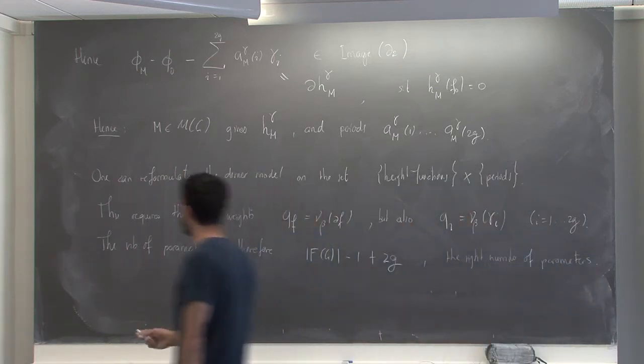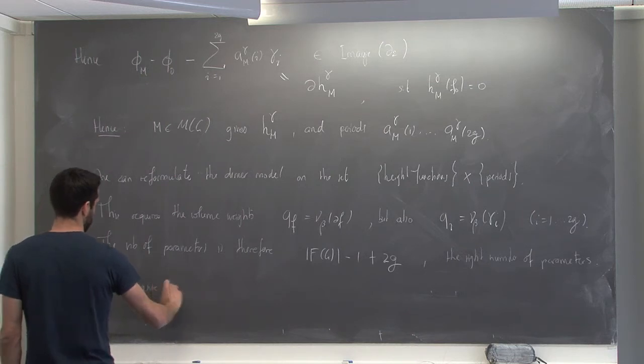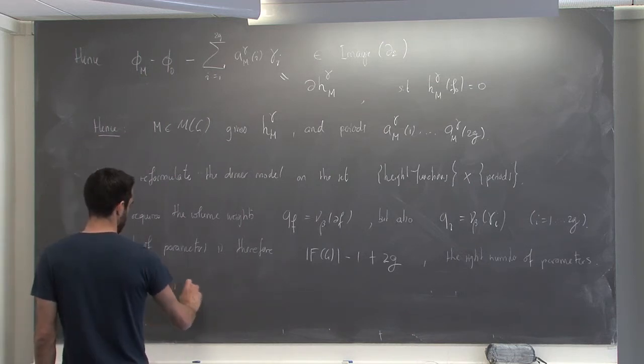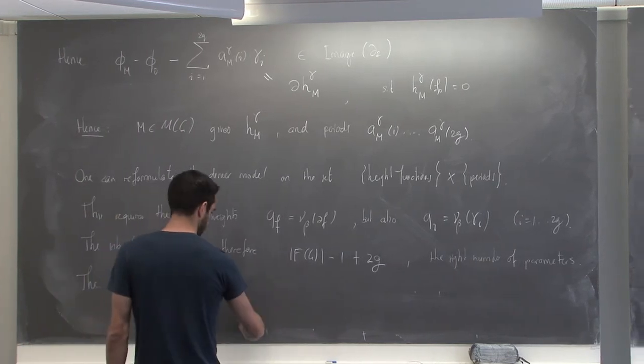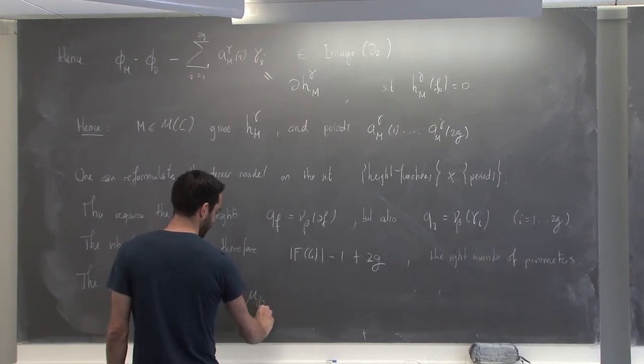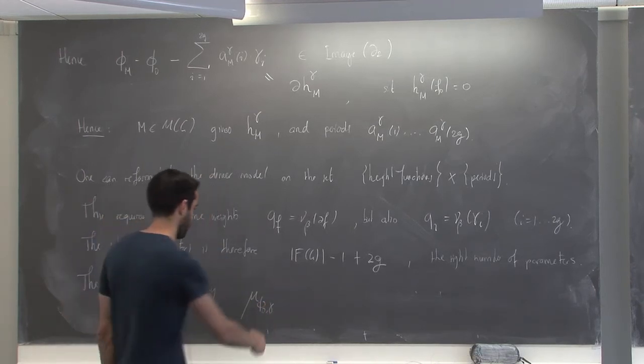And then the measure is given by, so it's a measure that will depend on phi 0 and will also depend on this choice of the bases for the homology.